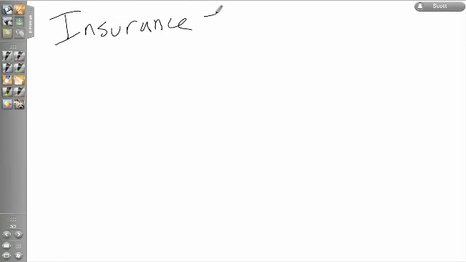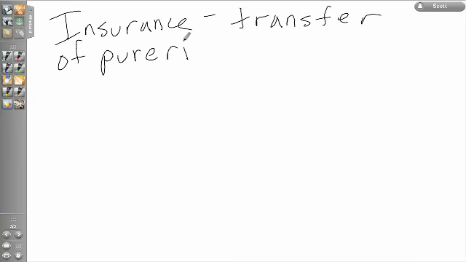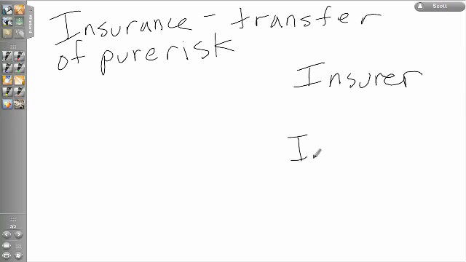But here's what the definition basically is. It's the transfer of pure risk. Transfer from who? Well, you have the insurer, and you have down here the insured. Who's transferring the risk? The insured is transferring the risk to the insurer.